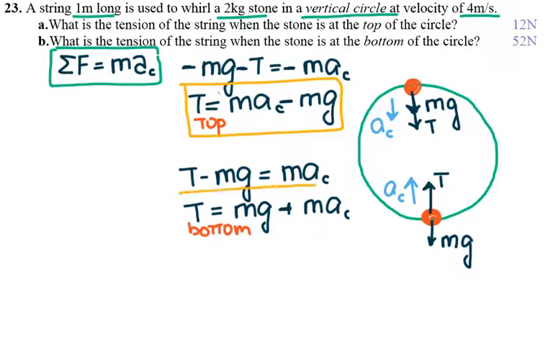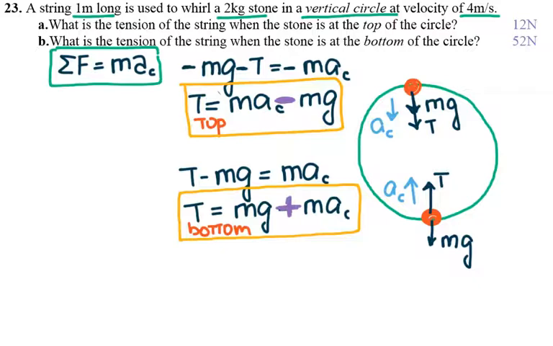So I have a different formula for the bottom part. On the top, the two forces are going to be subtracted, and at the bottom, the two forces are going to be added.